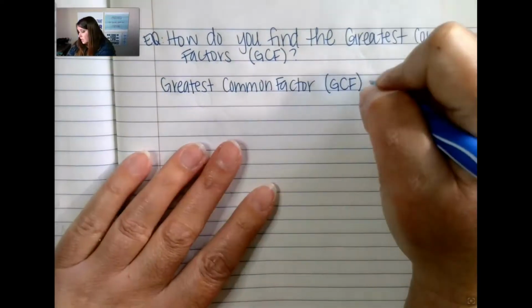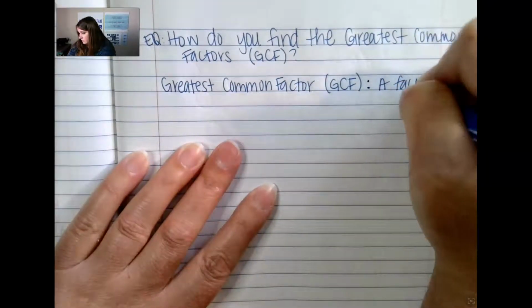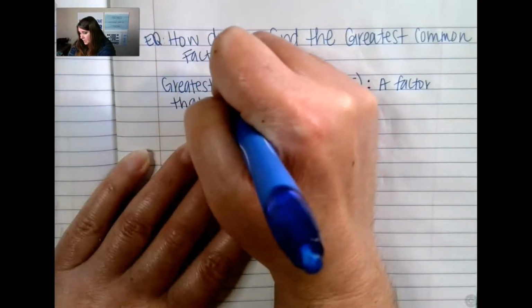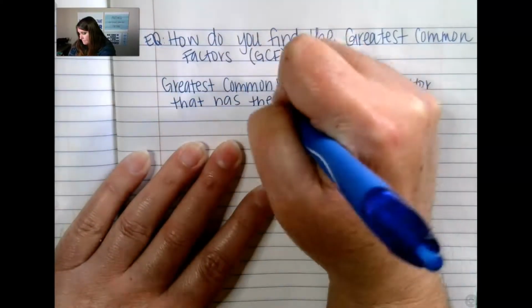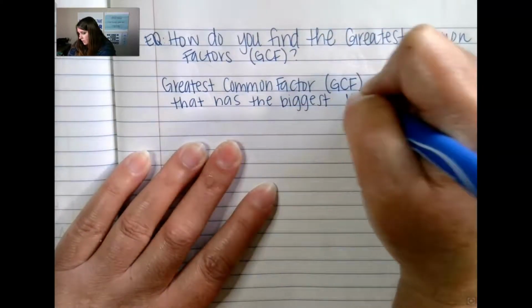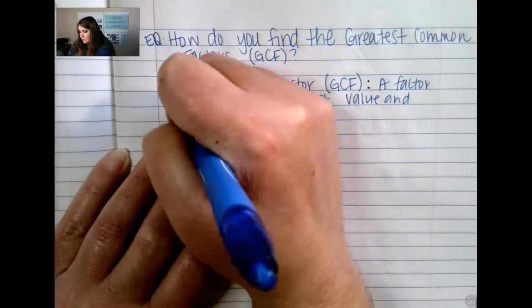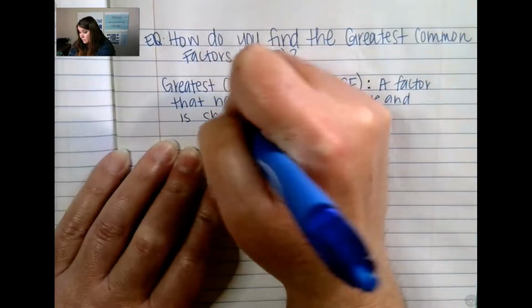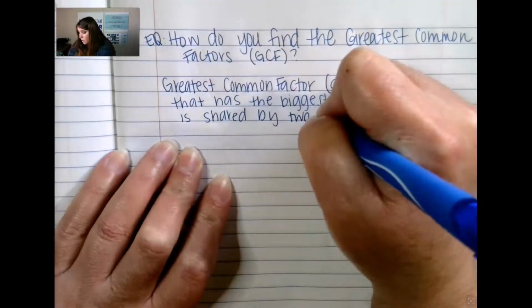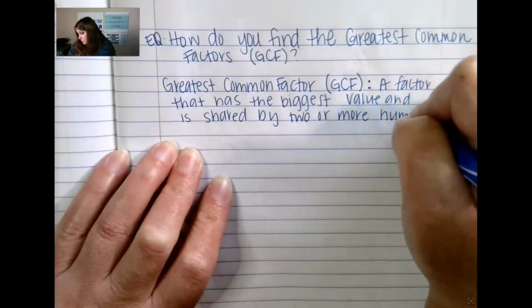So the greatest common factor is a factor that has the biggest value and is shared by two or more numbers.